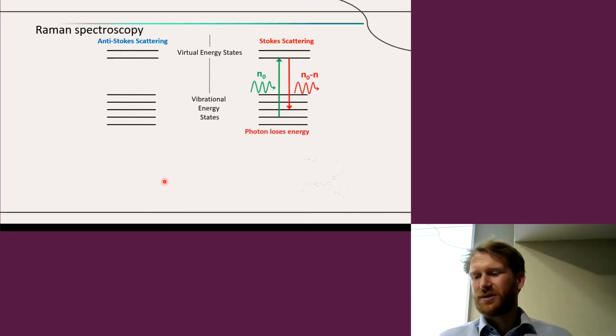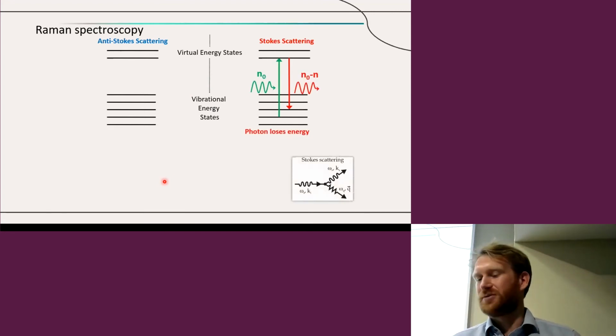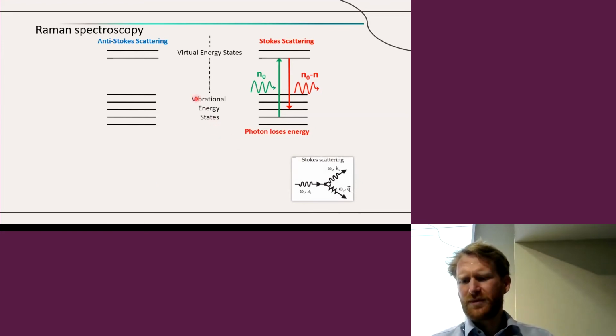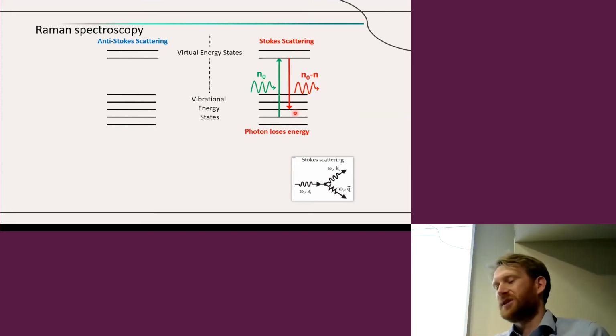We've seen several talks already about Raman spectroscopy, but the idea is that we send a laser onto our system, and then depending on where our electron is within our vibrational energy states, it will be excited and then it will fall back. In this case, it will actually excite a vibration, or excite a phonon.